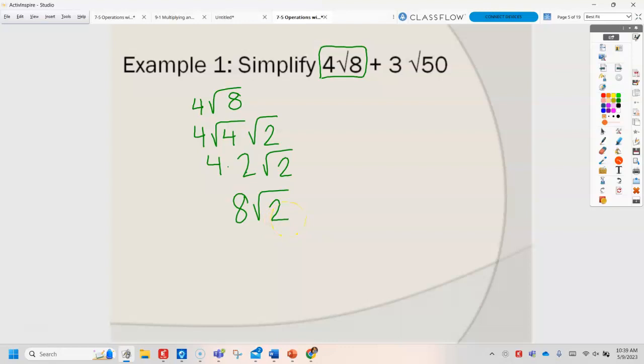So really what that means is that 4 square roots of 8 is equivalent or simplified as 8 square roots of 2. And again, some of you might skip those middle steps and do the math mentally. That's fine.